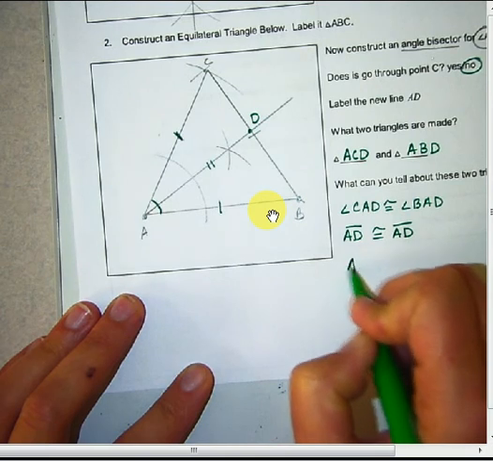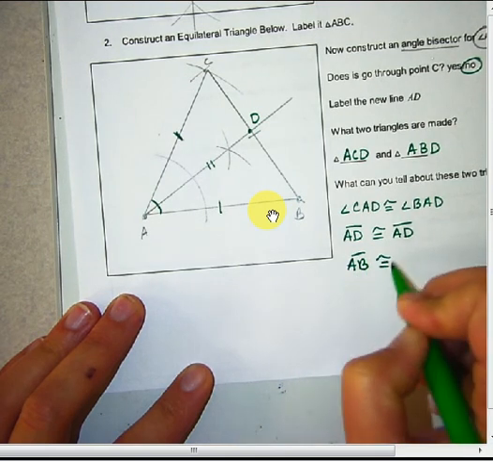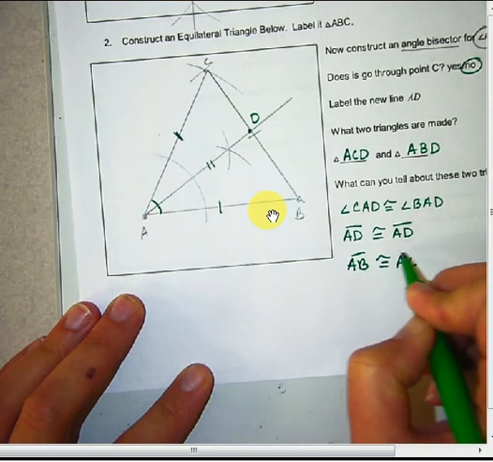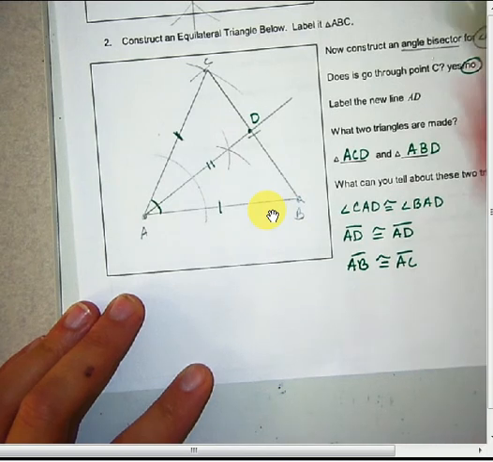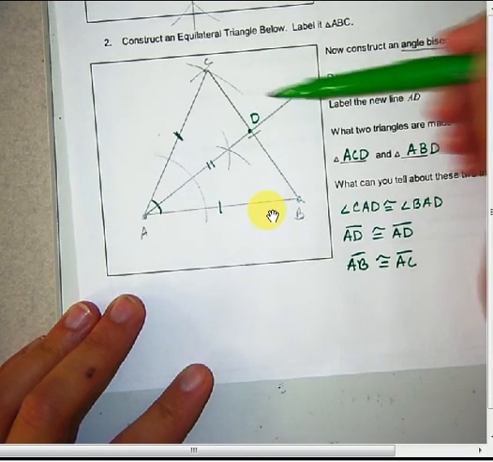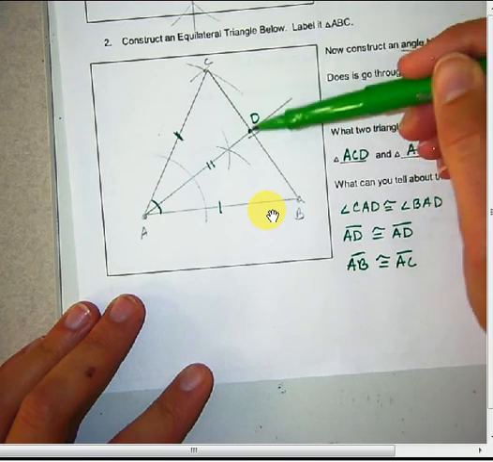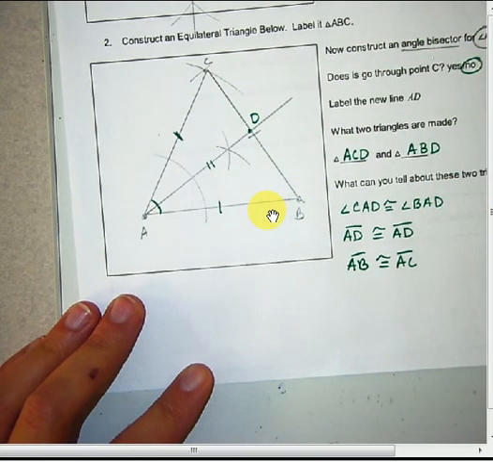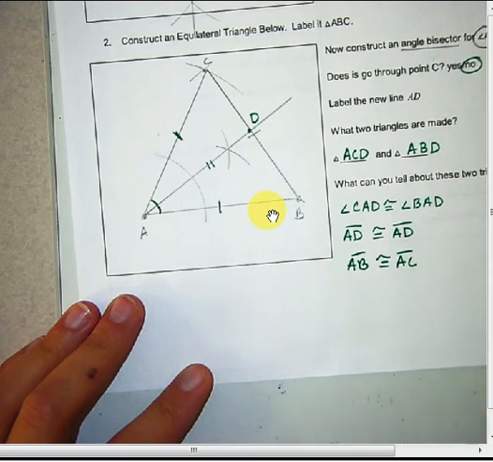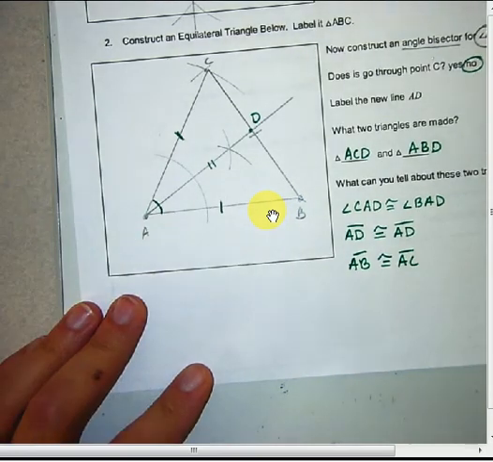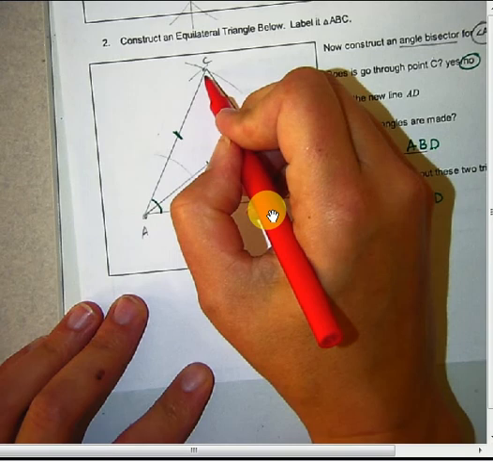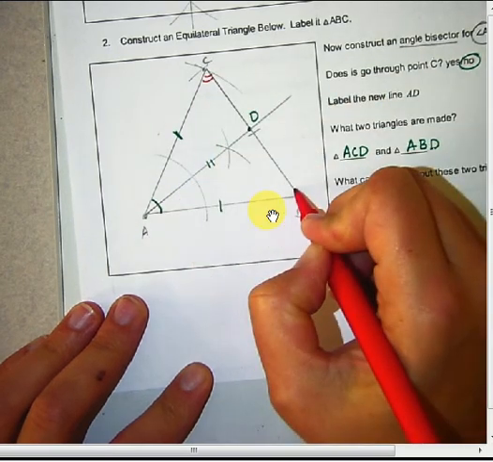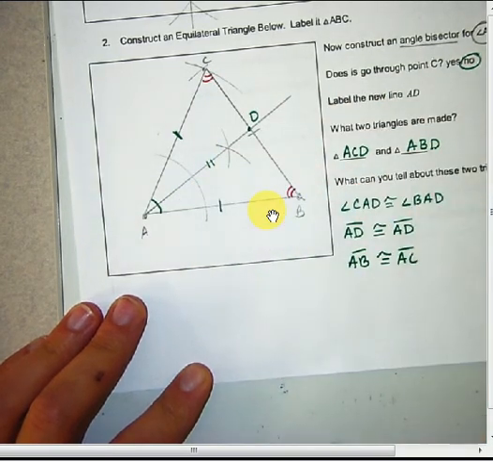So I know AB is congruent to AC. Now, at this point, we don't necessarily have the information to know if these two line segments are the same. So I can't really write that.